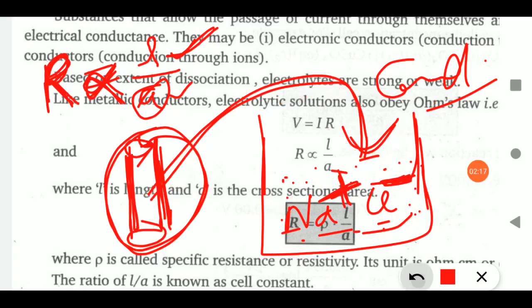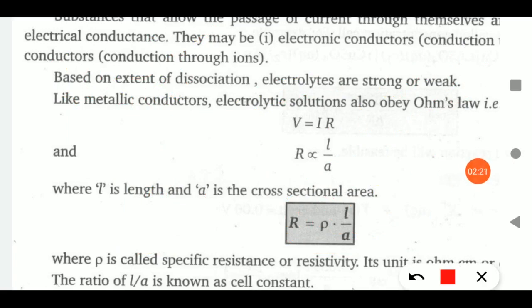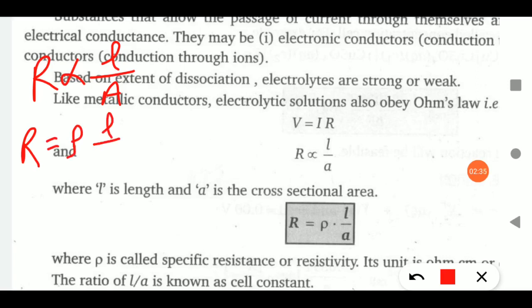Students, again what I told you: resistance is directly proportional to the length of the electrode and inversely proportional to the cross section area of the electrode. In place of proportionality, we will put a constant, known as the proportionality constant, and here rho is known as resistivity. So what will be the unit of resistivity?